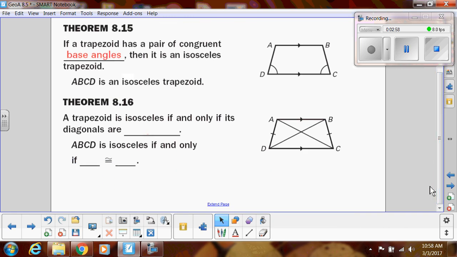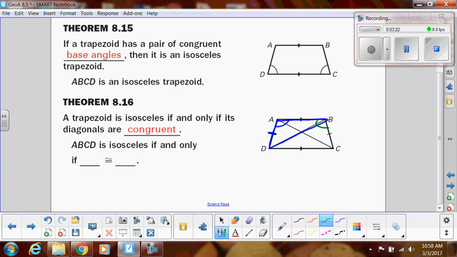All right, so a trapezoid is isosceles if and only if its diagonals are congruent. And let's think about this for a minute. If I trace out a diagonal that makes that triangle, so in this triangle, I know this side is congruent, and I know this angle is going to be the same as this angle.